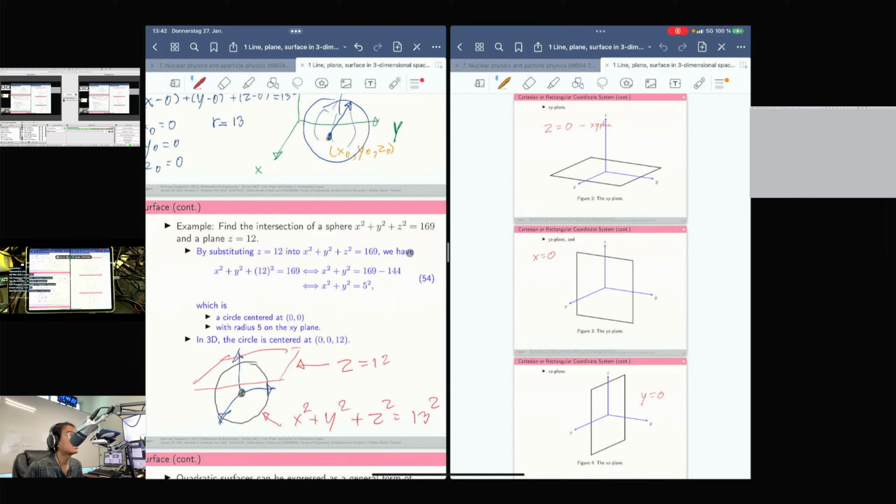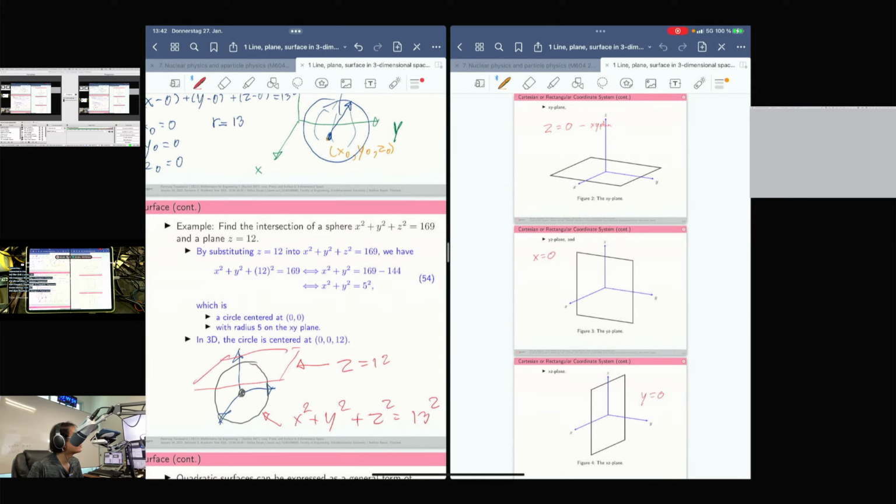What is the expression you may have seen before? It's the circle, right? The equation of a circle.